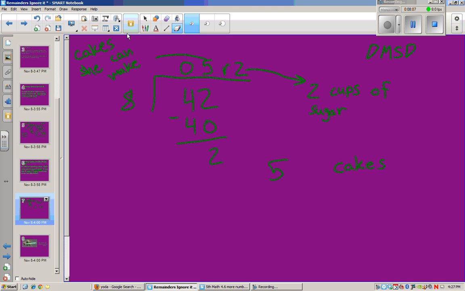So our answer is just 5 cakes. She can make 5 cakes. She's going to have 2 cups of sugar left over, but that's not enough sugar to make another cake. So we're just going to ignore that leftover 2 cups of sugar, and our answer is just going to be 5 cakes.